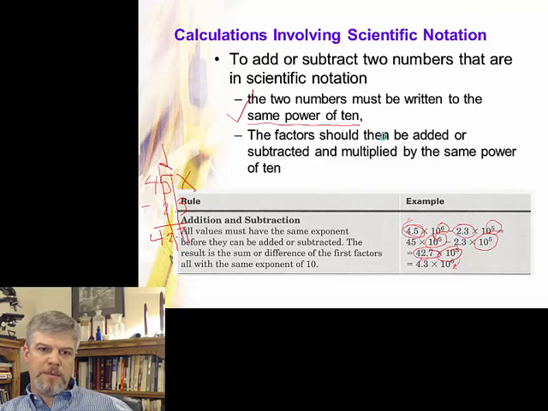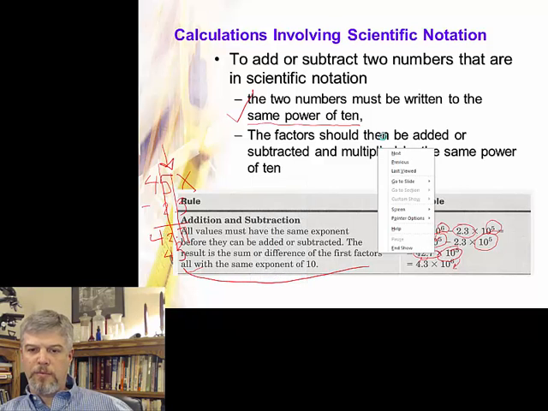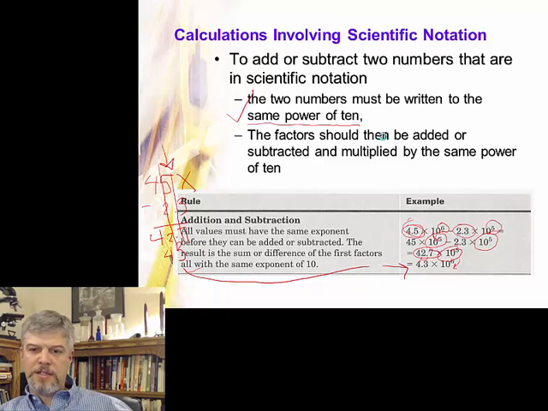This column has to be the column in which the answer is recorded. So that's where they stopped, 43. Of course, 43 is still too big for scientific notation, so they came over here and made it a 4.3, right? And changed this exponent to match. So there's a little bit of work here to do. After you subtract, sometimes it's already in scientific notation. Other times you have to do some work before it is.